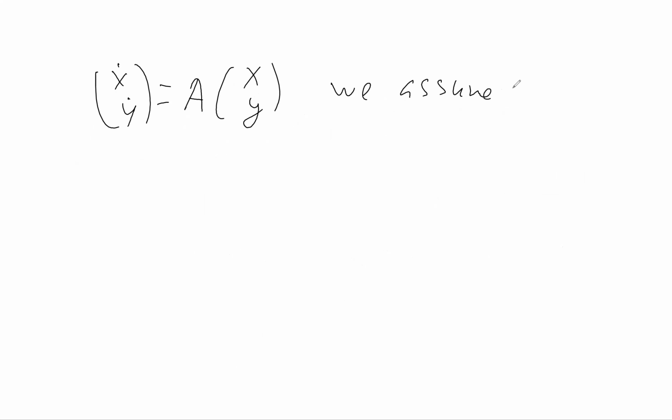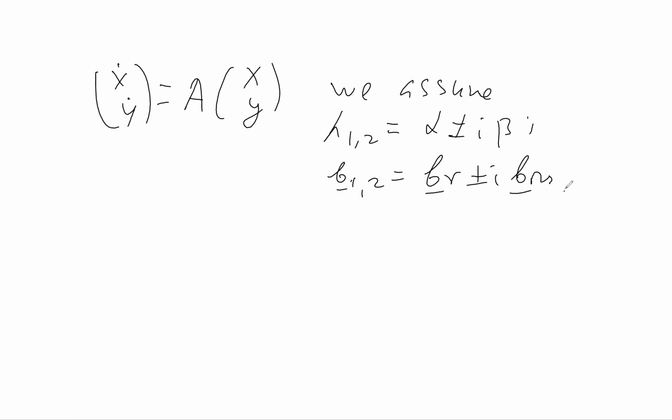We assume that lambda 1, 2 is alpha plus minus i beta, and b1, 2 is b real plus minus i b imaginary. This means that we have a focus at the origin, a stable focus. If alpha is 0, it would be a circle.